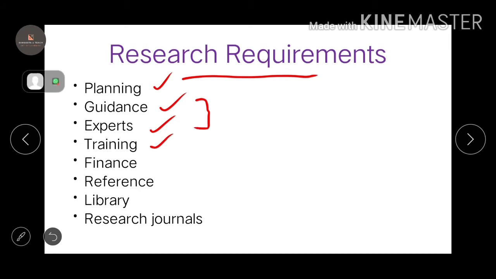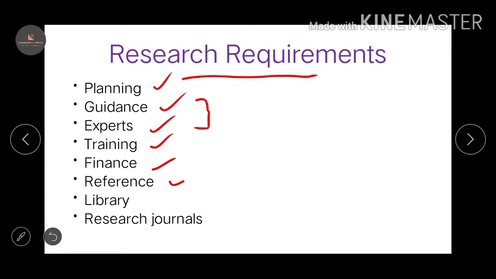You need to have some training. See, you can't directly do a research. You need to have some basic training on how you can do it, and you need to have some finance. That is, you need to have some funds or resources for doing a research. There is also a money investment that you have to make in a research, right?